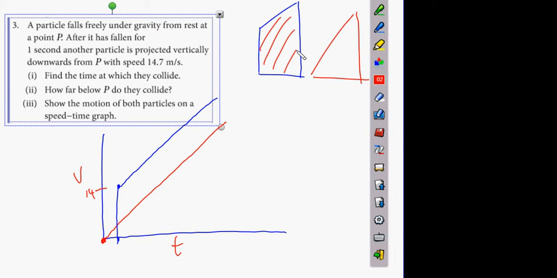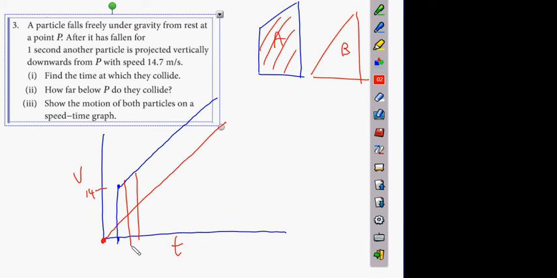Which means that at a certain time the area of A equals the area of B. At the moment you can clearly see that the triangle is the bigger of the two until a certain point, and then eventually they're going to be the same size. When they're the same size, then they've covered the same distance.